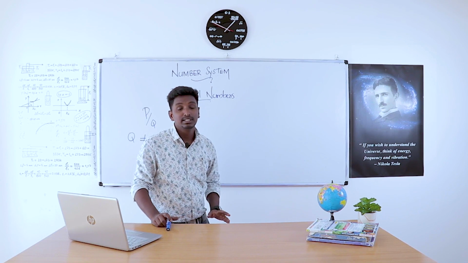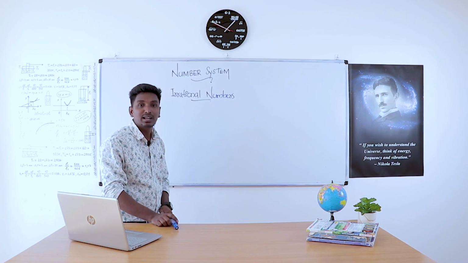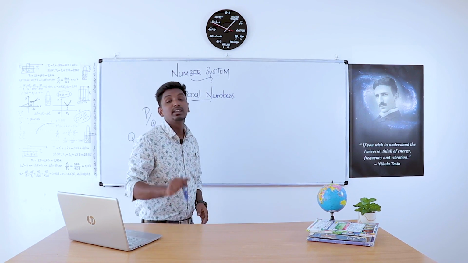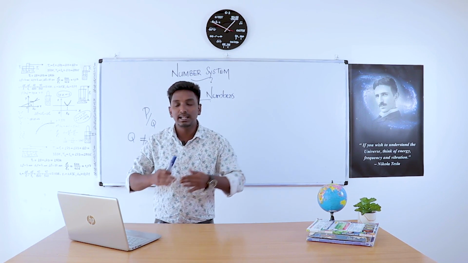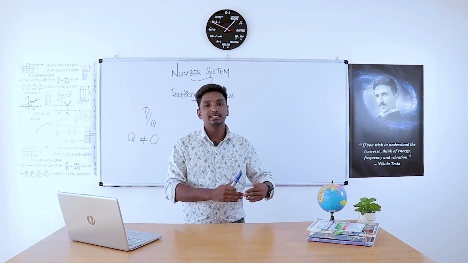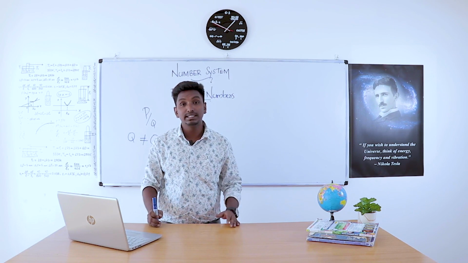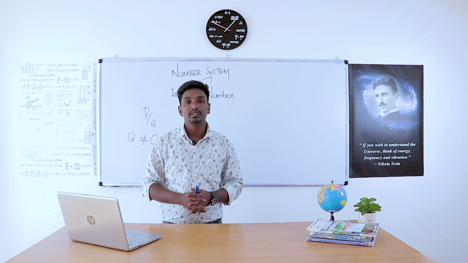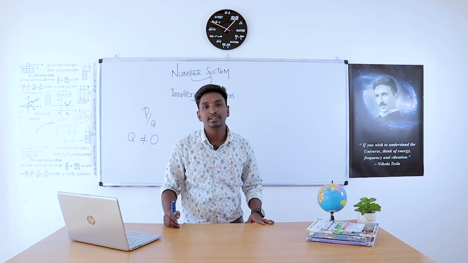The conditions are the same. These numbers cannot be expressed as fractions. Simply we can say that irrational numbers cannot be expressed as fractions. Only rational numbers can be expressed as fractions, that is of the form p by q, where p and q are integers and the denominator should not be 0. If it is 0, the value is not defined or infinity.